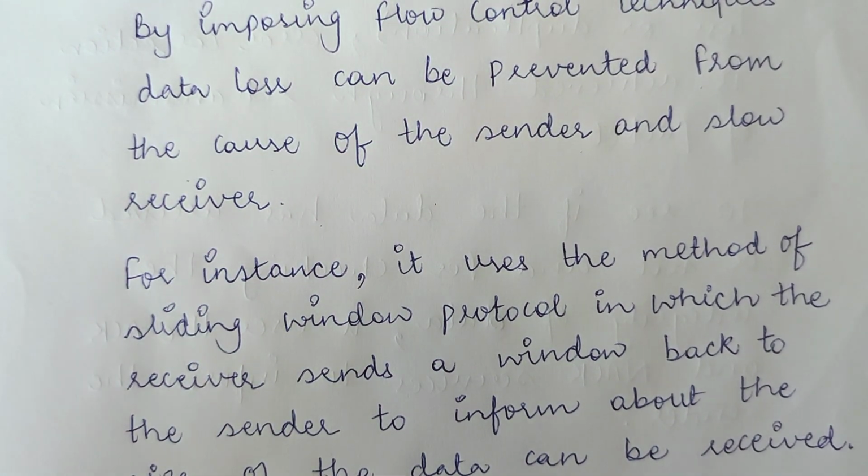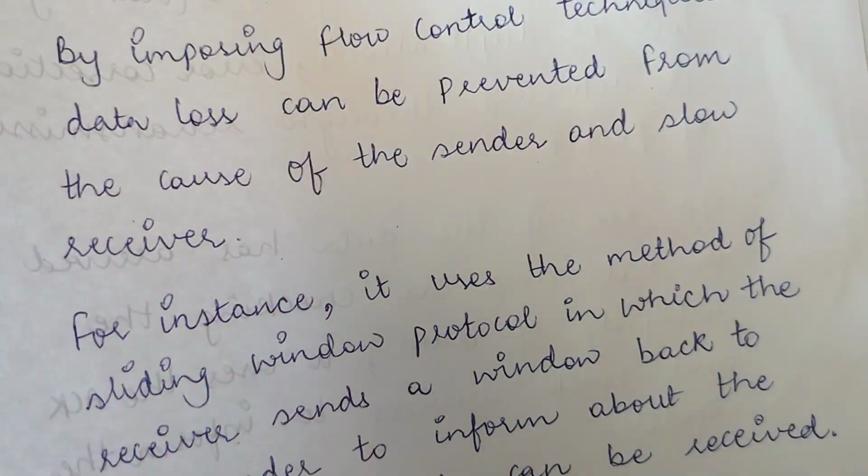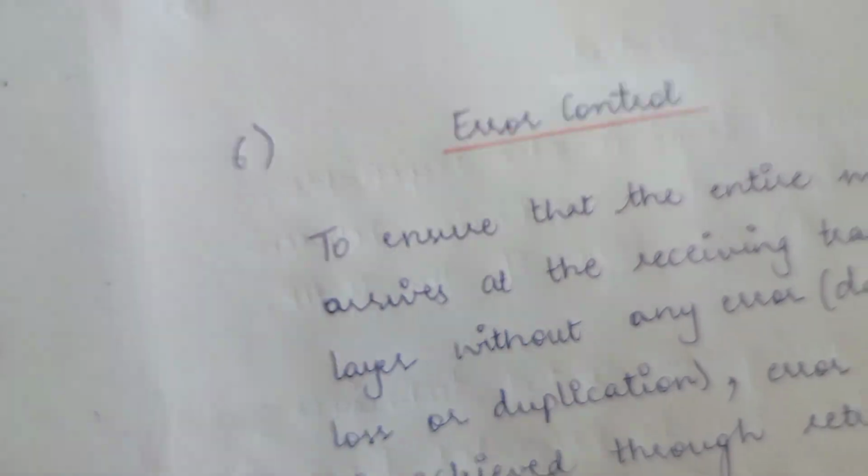There are many such flow control techniques whose links I will provide in this video's description, so you can refer to various flow control methods like the sliding window protocol, Go-Back-N ARQ, and Selective Repeat ARQ.